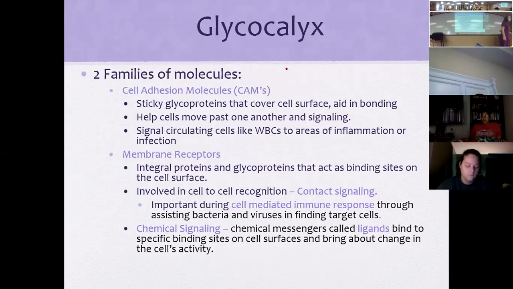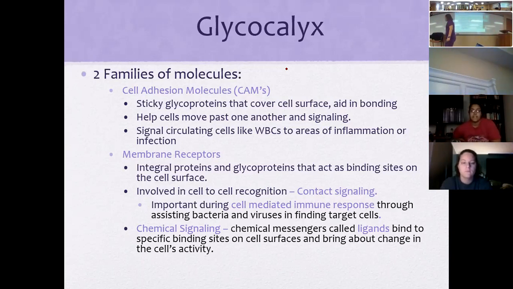We've got a couple of families in this particular category. We have our cell adhesion. These help cells move past each other, right? Adhesion means to stick. Cells kind of stick together and roll past each other. Like if I'm walking and there's another cell coming this way, we kind of roll over each other like this, and then he can continue that way and I can continue this way.